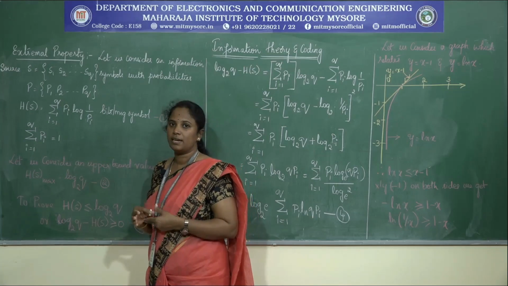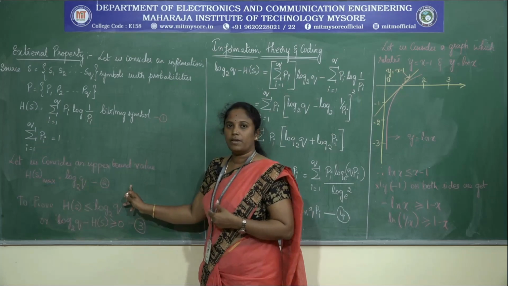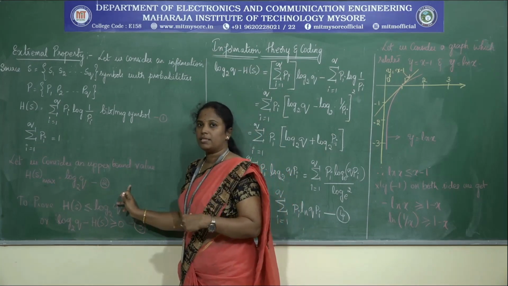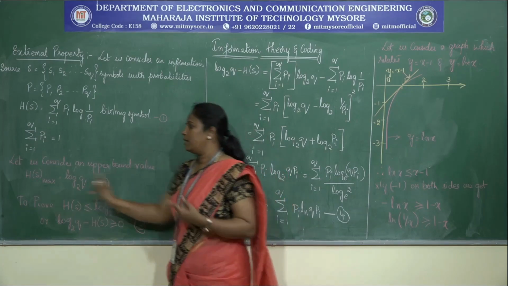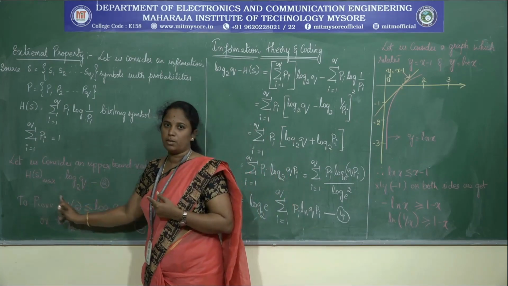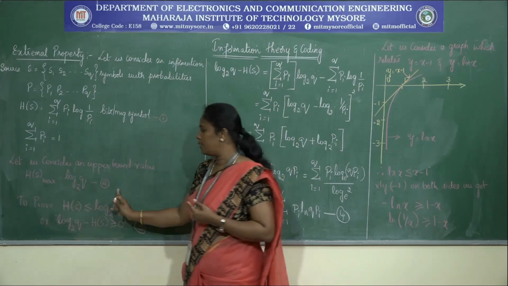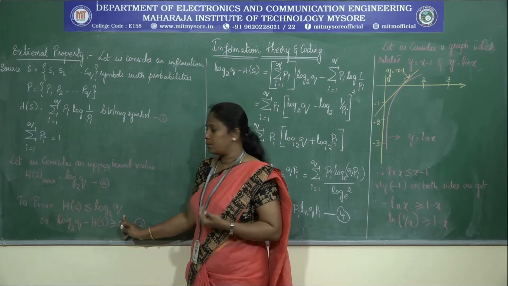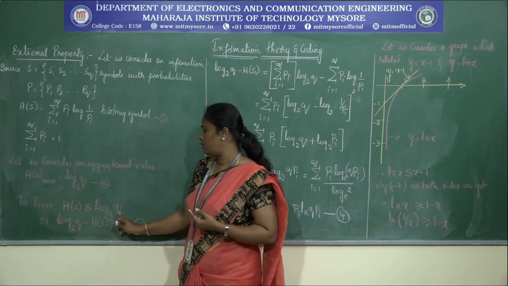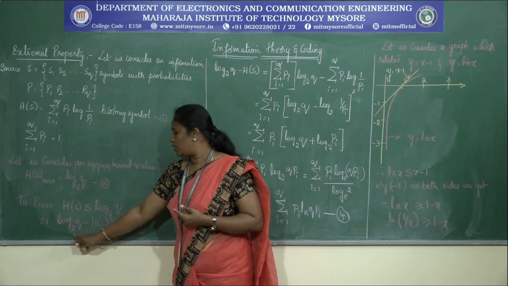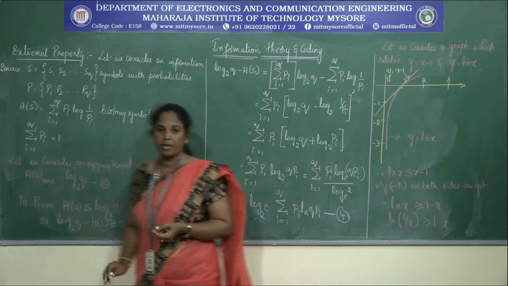Here we are initially considering that the upper bound value of your entropy, H of S maximum, is equal to log Q. This is what we need to prove with respect to the extremal property, that is, H of S is less than or equal to log Q, or I can write log Q minus H of S is greater than or equal to 0.